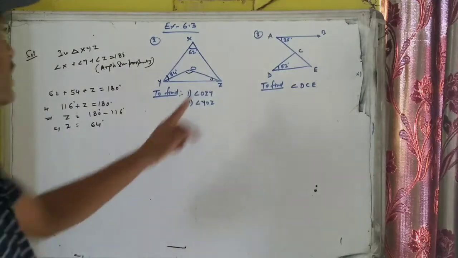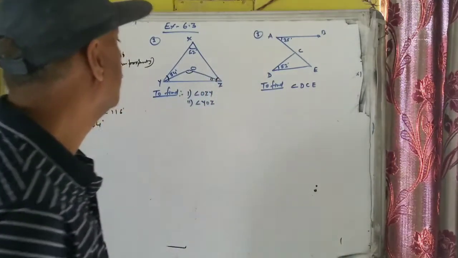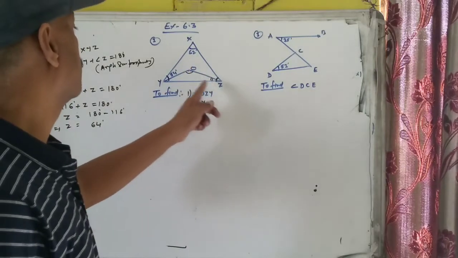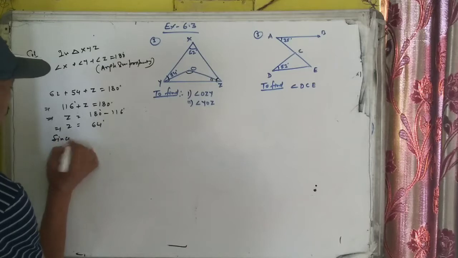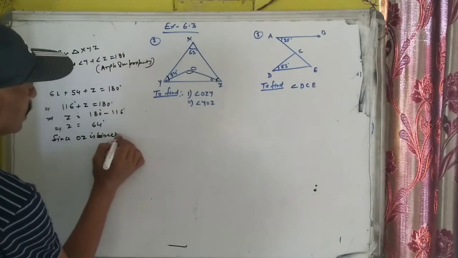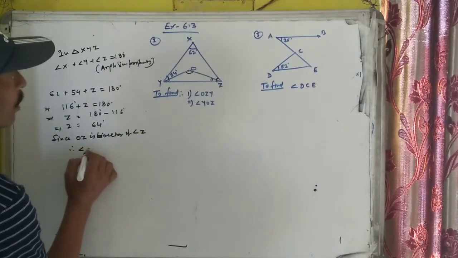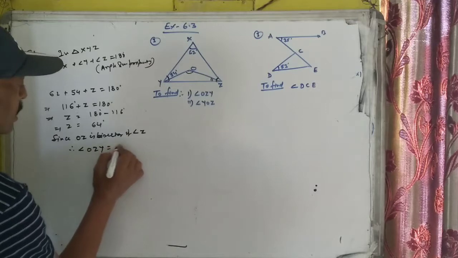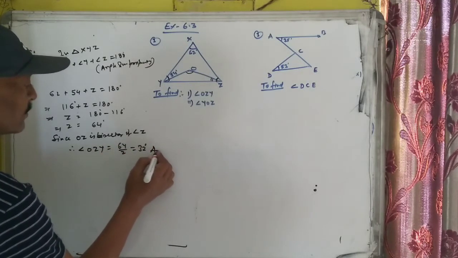Okay, Z is 64. This total full angle is 64. But we need to find OZY. OZ is bisector, so it will be the half. Since OZ is, it is given in the question, bisector of angle Z, therefore angle OZY equal to 64 by 2, that is 32 degree.